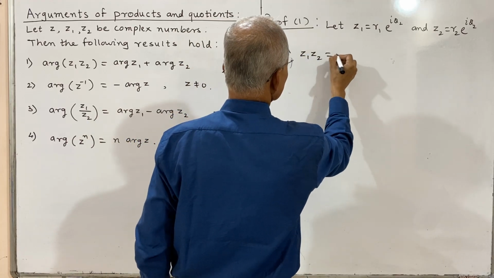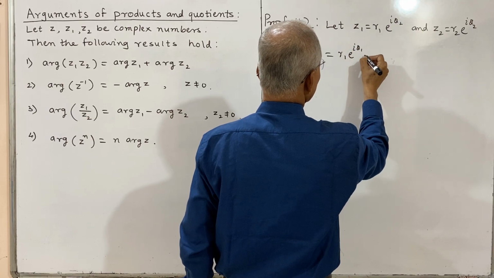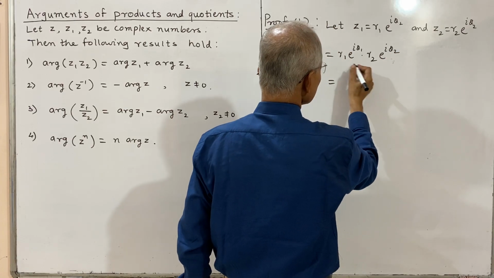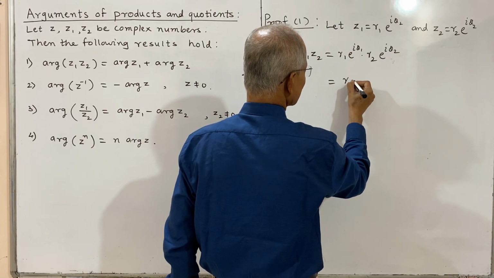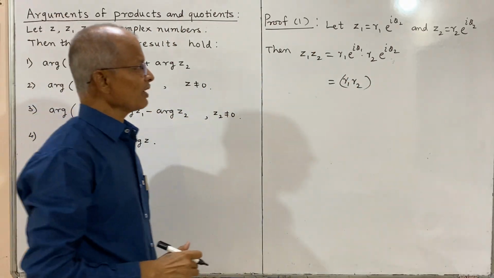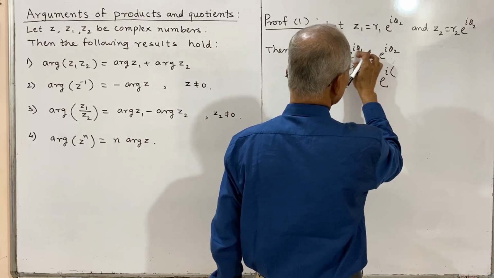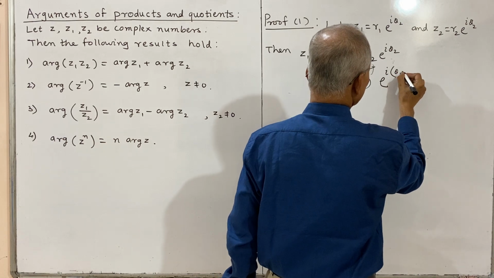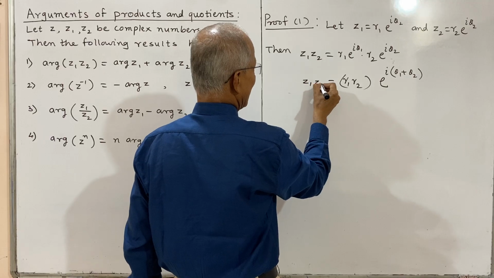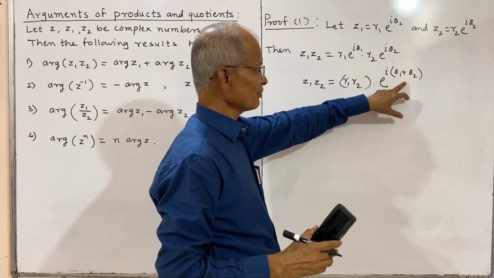Then z1 z2 is the product of these two, that is r1 e power i theta 1 into r2 e power i theta 2. Since r1 and r2 are positive real numbers, we get r1 r2, and the product e power i theta 1 into e power i theta 2 is written, as we have seen earlier, as i into the addition of the indices, so z1 z2 is expressed as r1 r2 e power i (theta 1 plus theta 2).